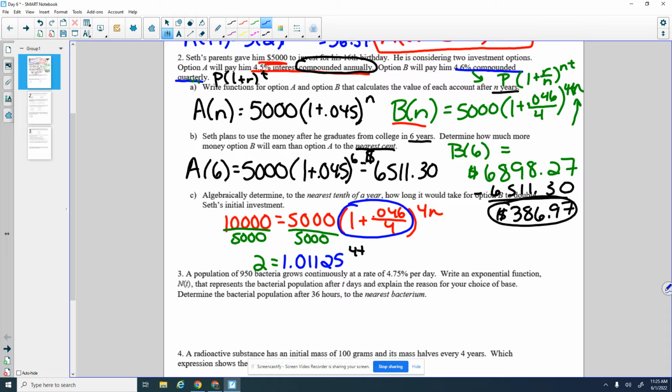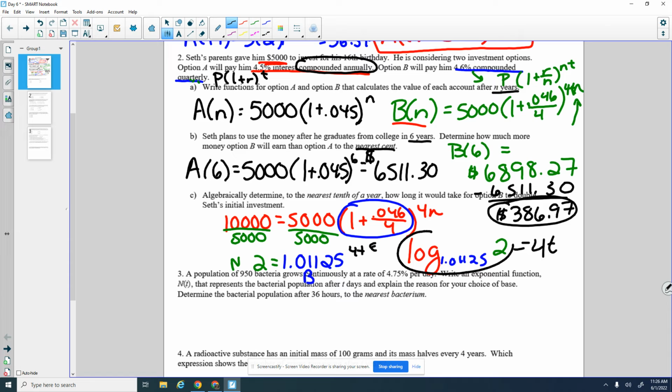So this is our base, this is our exponent, and this is our number over here. We're going to put it in log form, which means that I am going to take the base, write it down here, take the number, and that will equal the exponent.